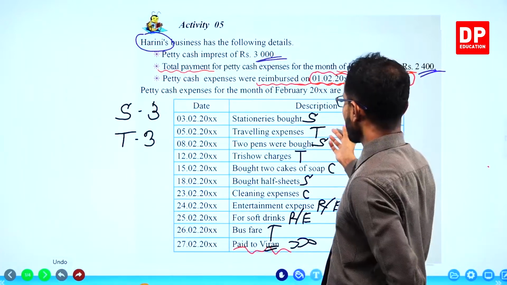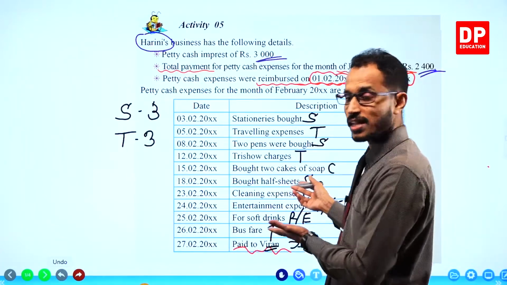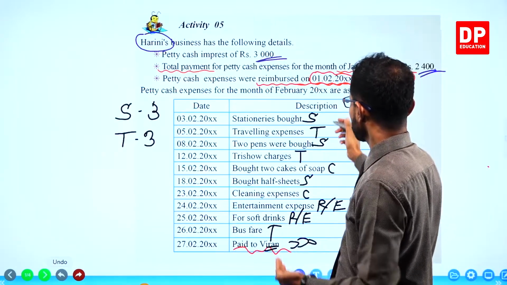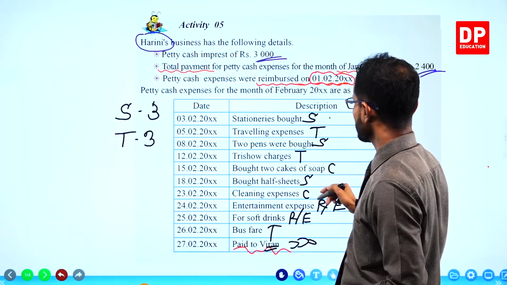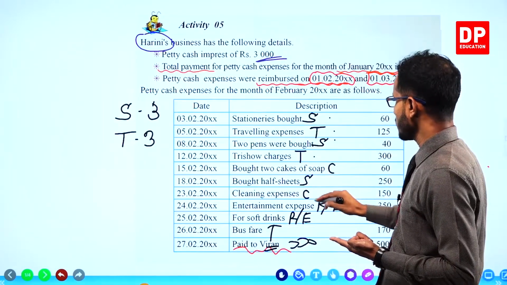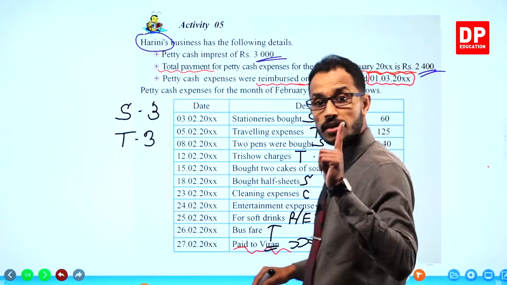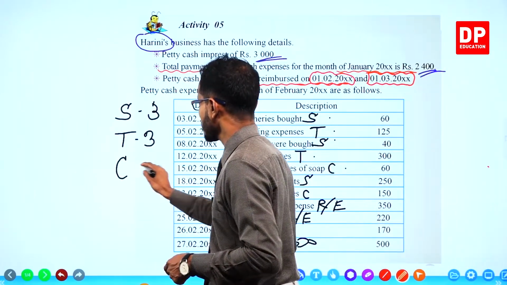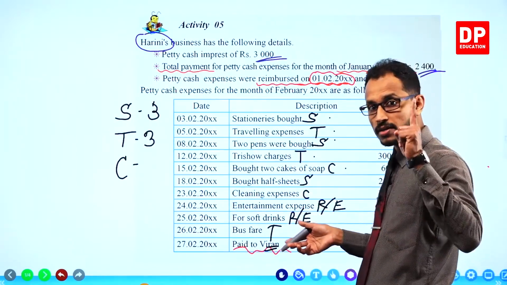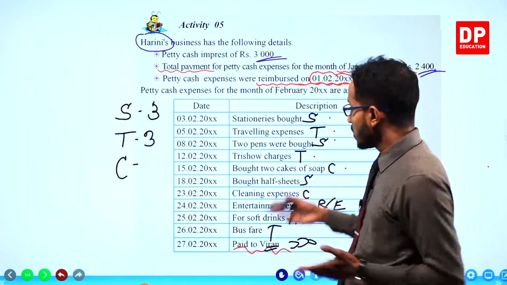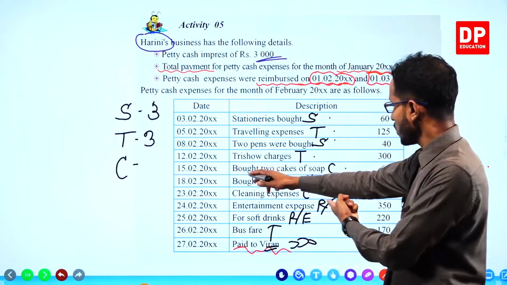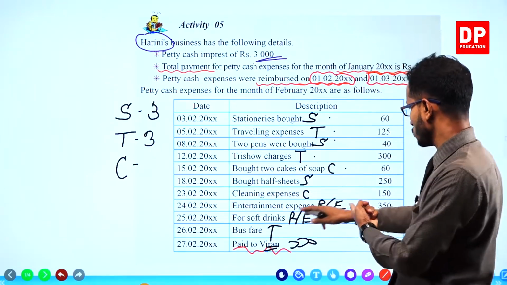Okay, so likewise, what else? What other expenses are given to us? We took stationery expenses, traveling expenses, again stationery, again traveling, cleaning. Yeah, we have another expense item. We can categorize all these cleaning items under one analysis column. Let's check how many cleaning items there are. We have 1, 2, only 2 C's.